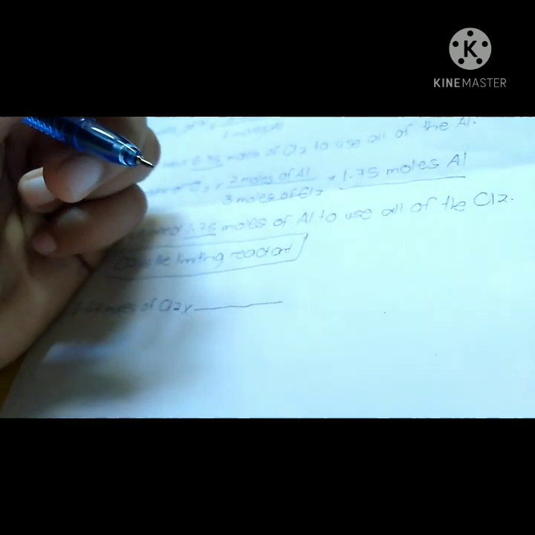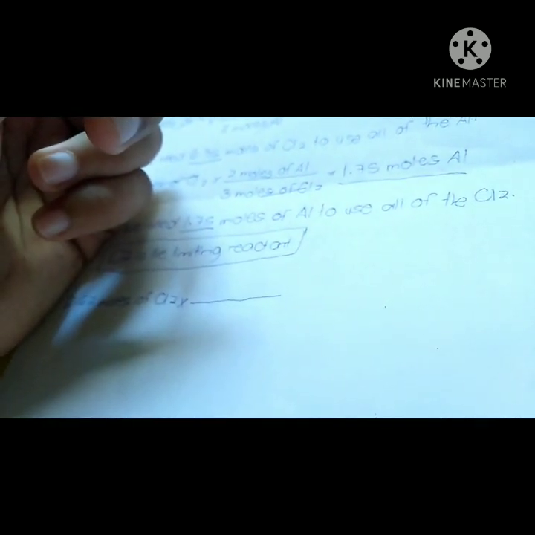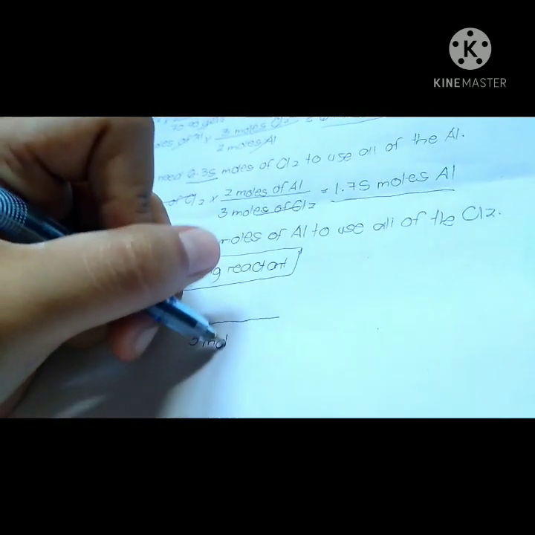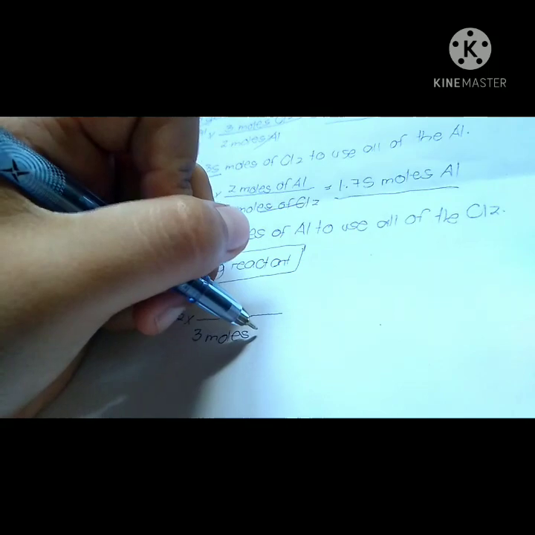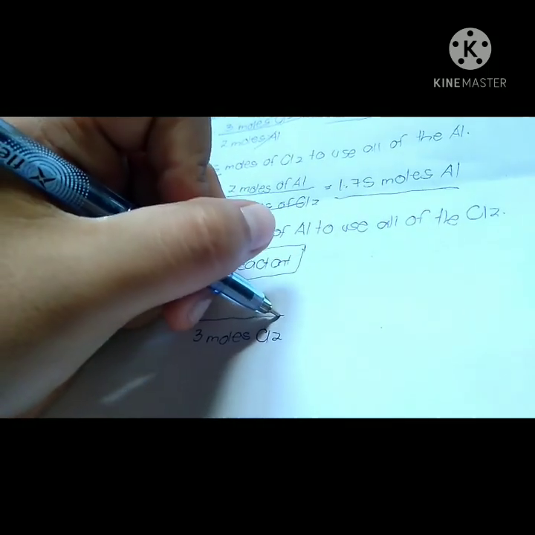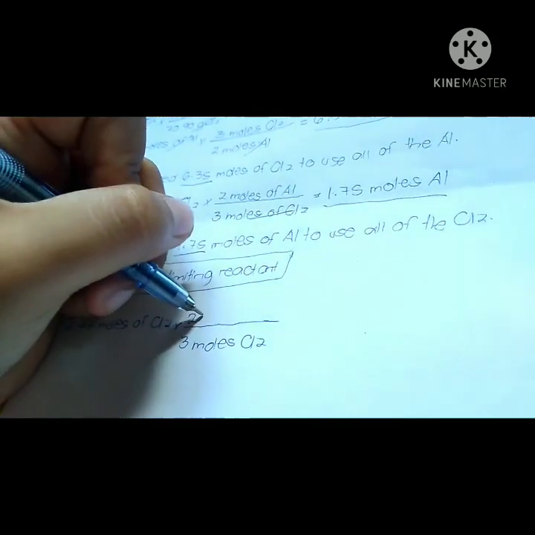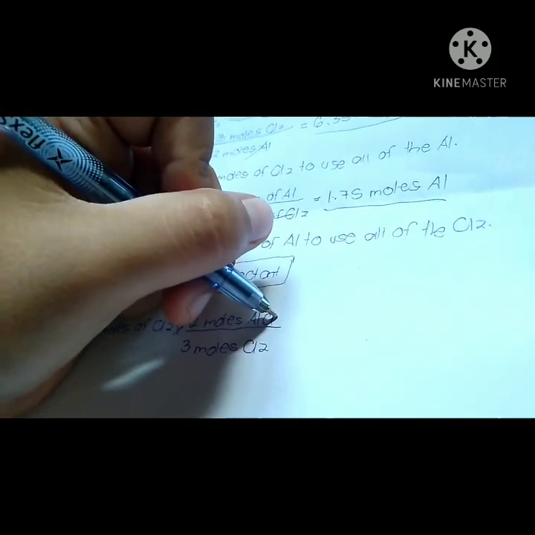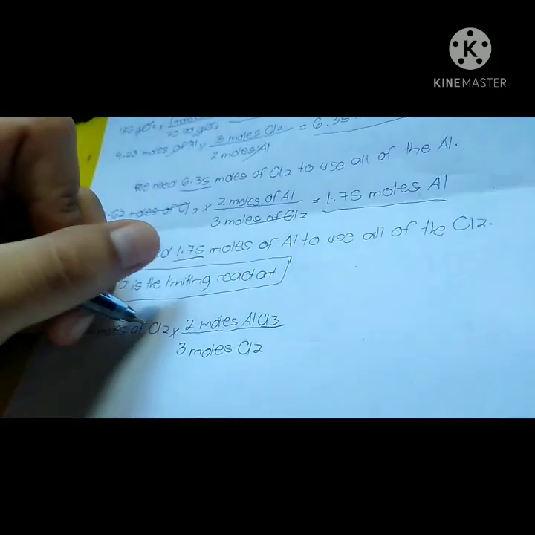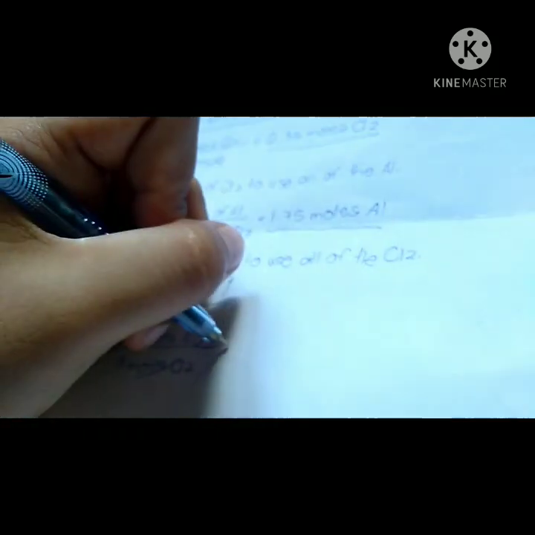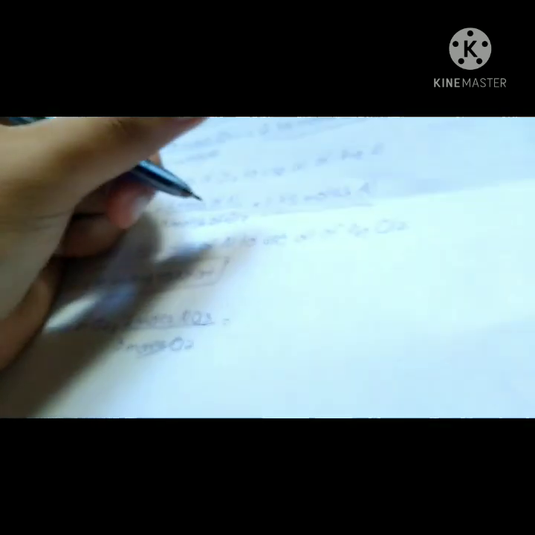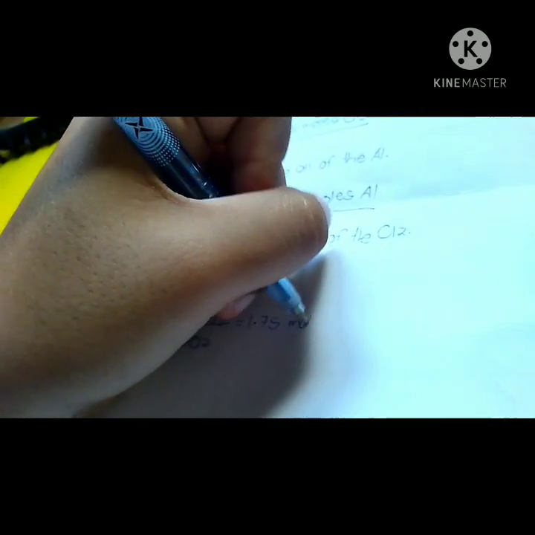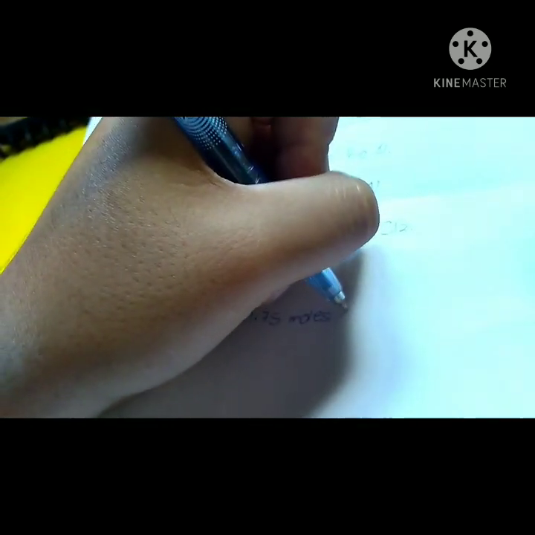So I'm going to put 3 moles Cl2 at the bottom and 2 moles of AlCl3 at the top. Cancel. The answer is 1.75 moles of AlCl3.